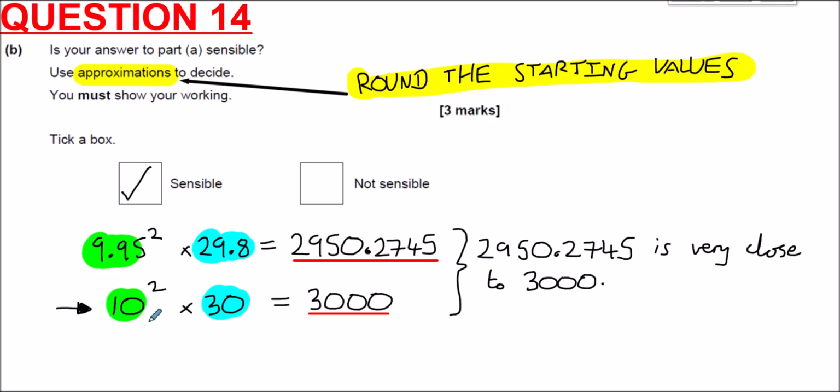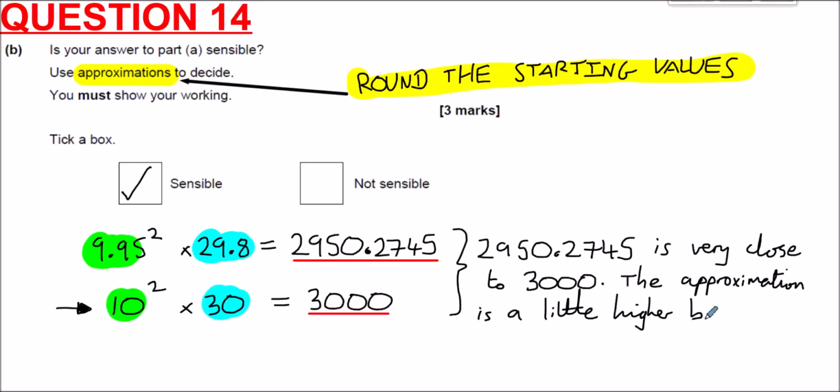Now, our approximation was higher. The approximation is a little higher, but that's understandable because think about what we've just done. 9.95 we changed to 10, and 29.8 we rounded to 30. So it's understandable that our approximation is a little higher because we rounded up.